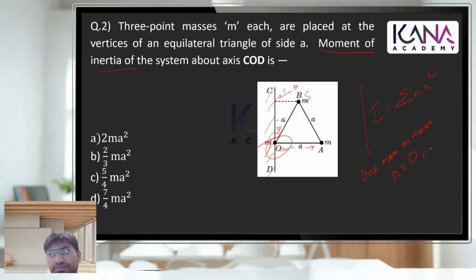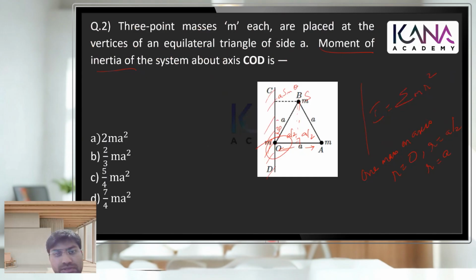For another one, r is equal to a by 2. If you draw it like this for the equilateral triangle, this will be a by 2, this will be a by 2. For another mass, r is a.